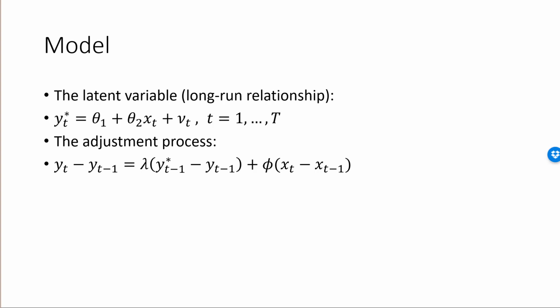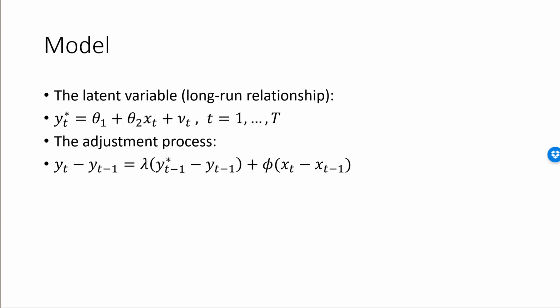What the error correction model says is that the actual change in y will respond to the error, the deviation from equilibrium. To consider a concrete example, let's say that yt minus 1 is 100. That was the actual value of y in the previous period.